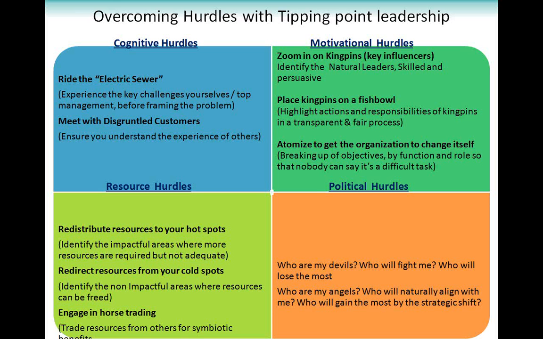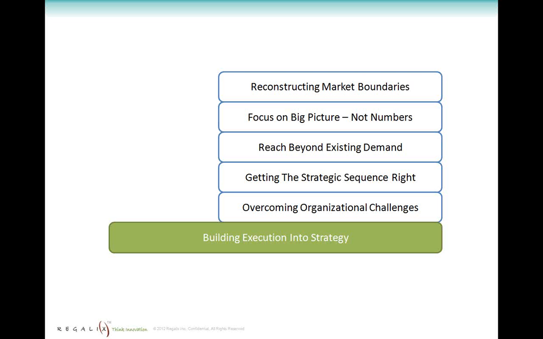You can utilize the angels in overcoming the other hurdles like resource hurdles, cognitive hurdles, and motivational hurdles, whereas you can approach the devils straightforwardly and show them the benefit and the opportunity involved after implementing the strategy shift.